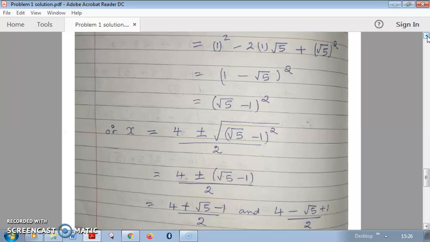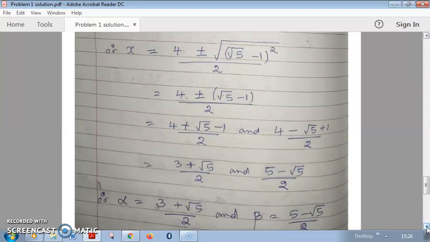That is 4 plus or minus square root, the whole square is there, no? 4 plus or minus root 5 minus 1 by 2. So you'll get 4 plus root 5 minus 1 by 2, 4 minus root 5 minus 1 by 2. So you'll get the value 3 plus root 5 by 2 and 5 minus root 5 by 2.